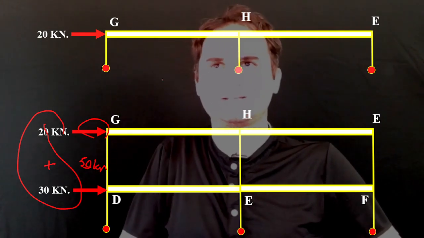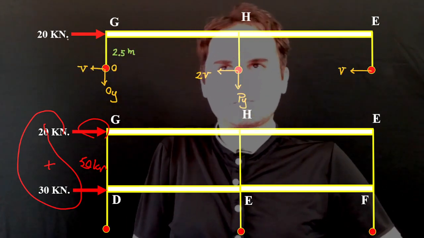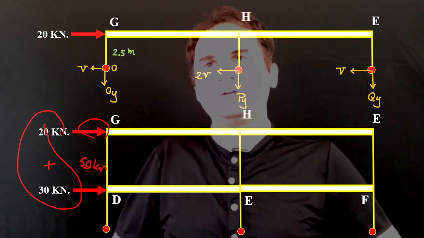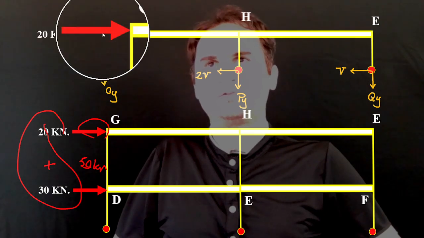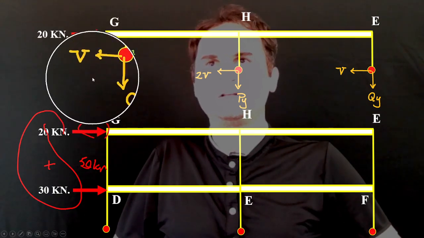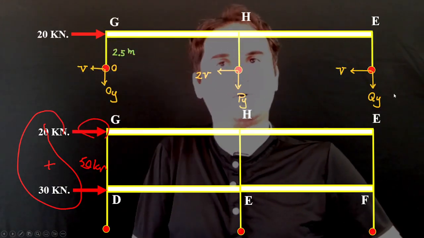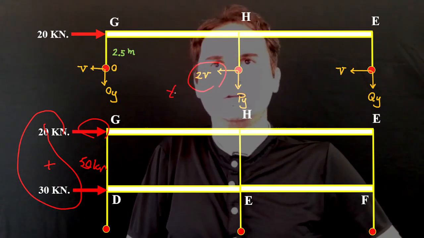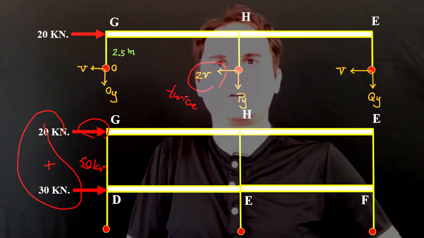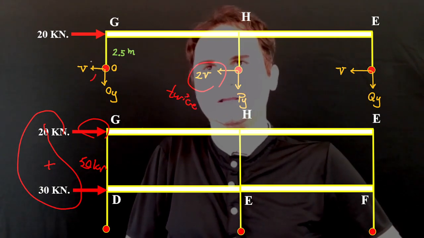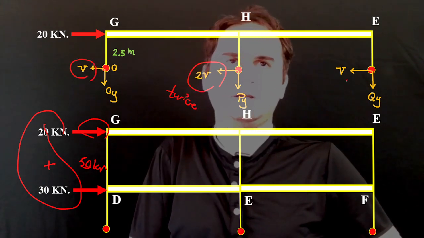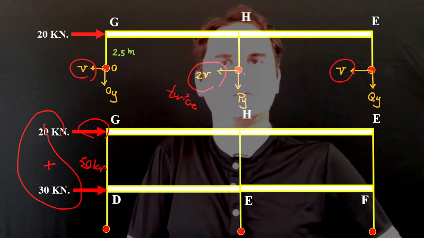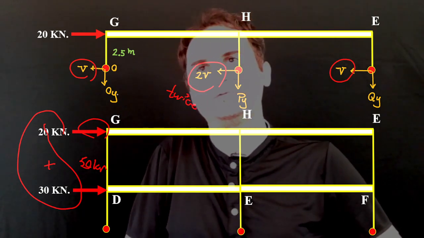as the problem statement says. So as we know, the horizontal force is going to be evenly distributed between the supports, but in the portal method, the share of the central part is twice that of the corners. So if this is a horizontal V, again the side is horizontal V, this is a horizontal of 2V.